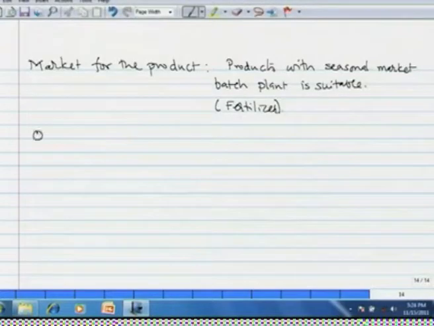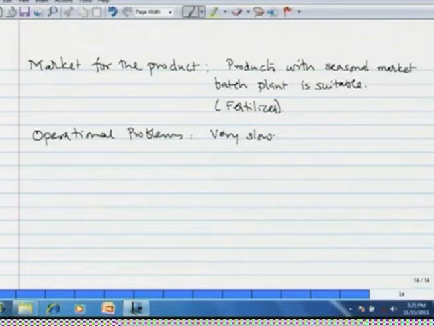Then the operational problems. Some reactions might be very slow, and therefore, if they are carried out in continuous reactors, the volume of the reactor becomes very large. Some reactors may use 3-phase or 2-phase reactions, solid liquid or solid liquid gas type of reactions.